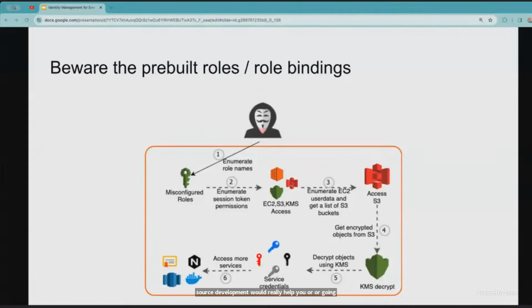And then a last piece of advice for this section is to beware the pre-built roles and role bindings. All of these clouds have roles that are shipped with the cloud, that are the job functions the cloud provider felt they should just include out of the box, so it's very easy for you to attach and get up and running.